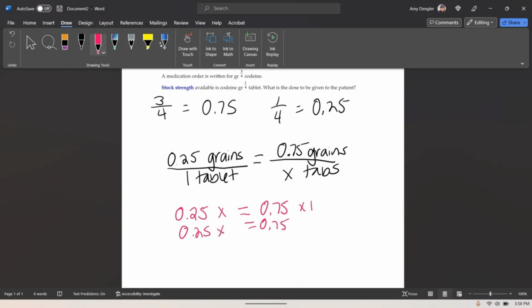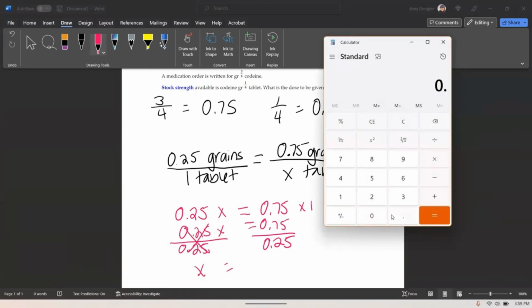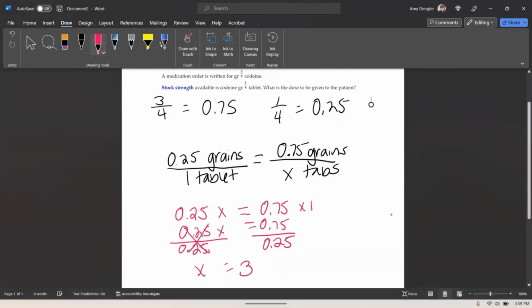Now we want to get x alone, so we need to divide both sides by 0.25. And now we're just going to go 0.75 divided by 0.25. And that is going to give us 3 tablets.